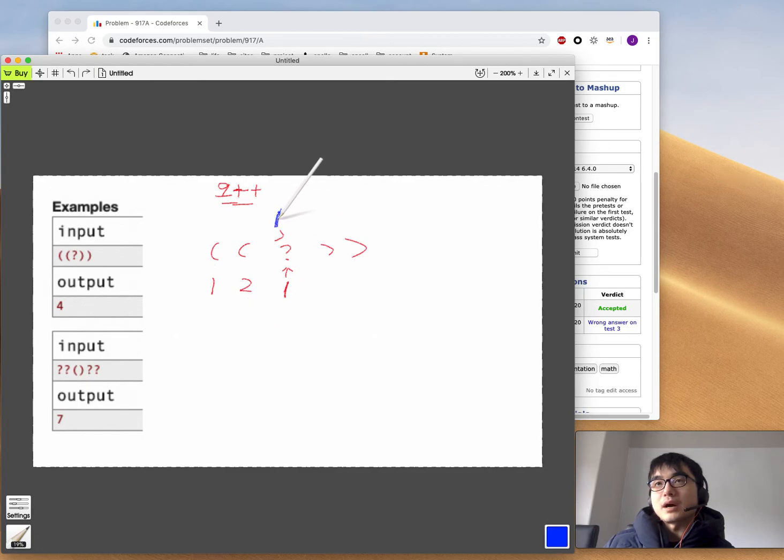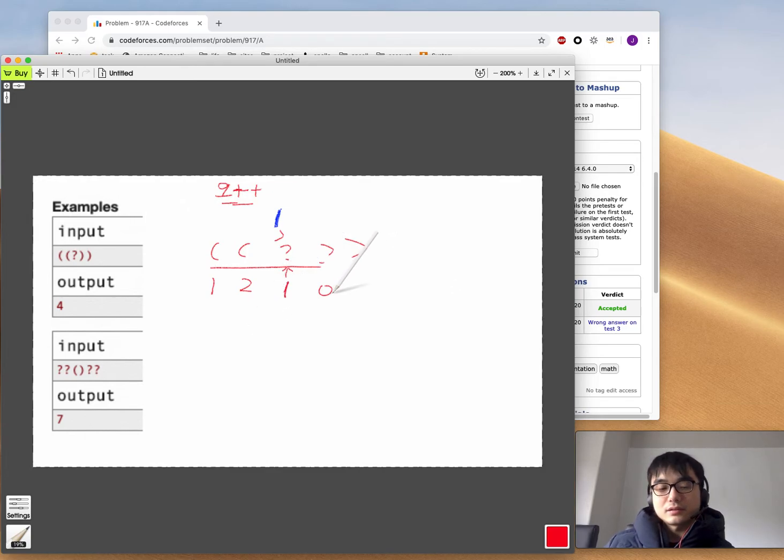We have 1 question mark and 1 left parenthesis. And we come to this position, a right parenthesis, then we get 0. So this guy is valid, right?